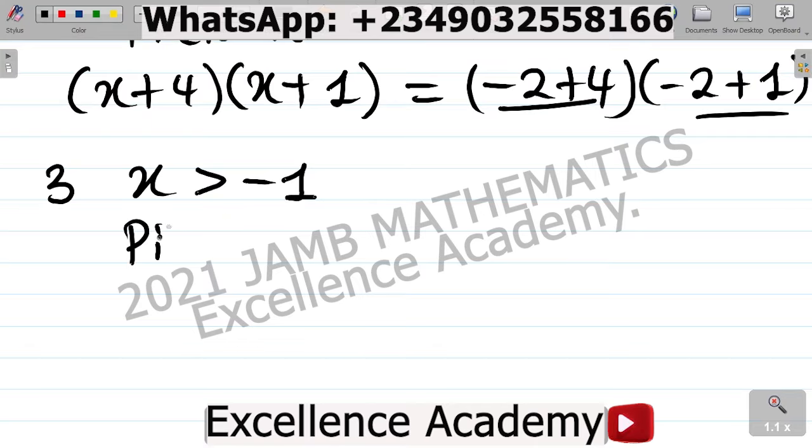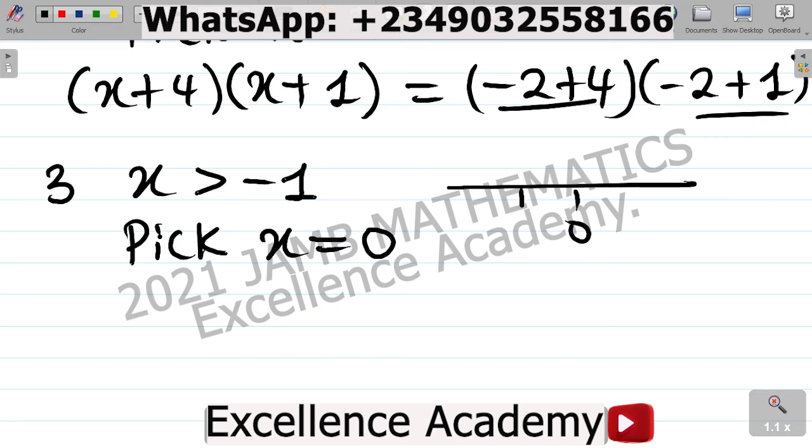Of course, there are several numbers greater than minus 1, but let's pick the closest. So pick x equal to 0, because on the number line you have 0 and then you have minus 1 and then you have 1. If you go this way, these are numbers bigger than minus 1. That includes 0, 1, 2, and the rest of them.